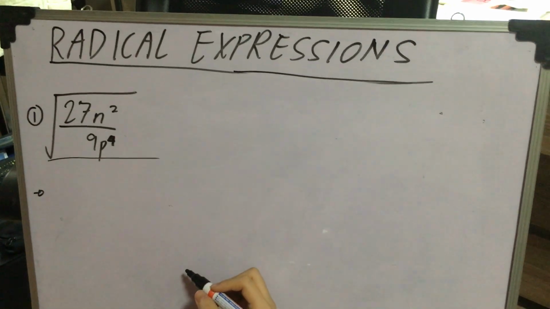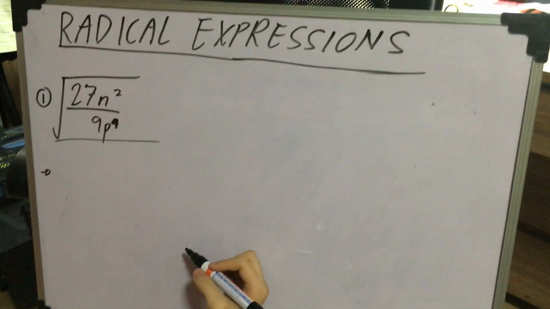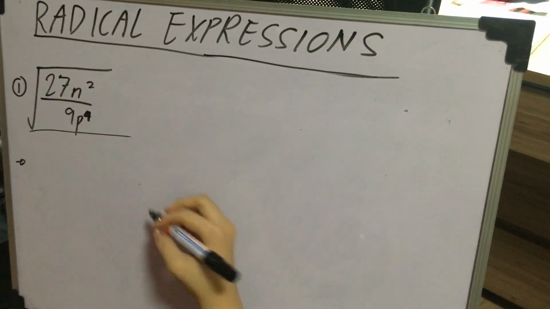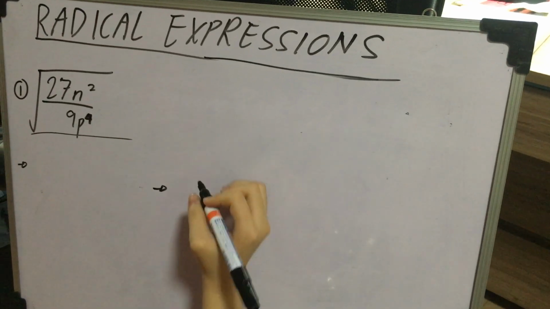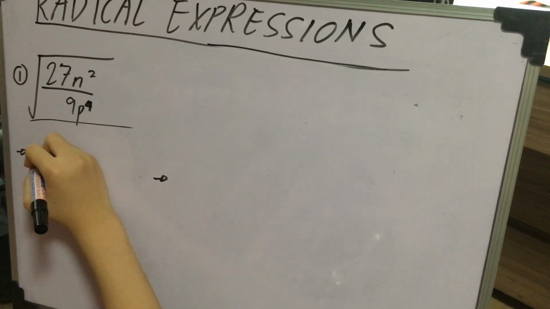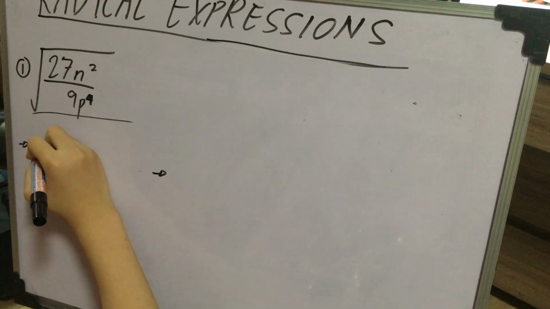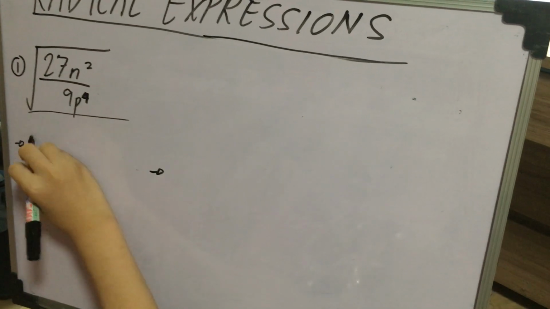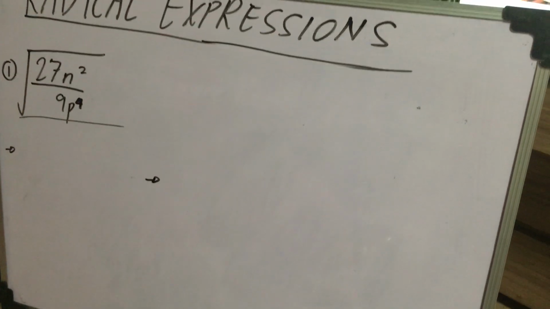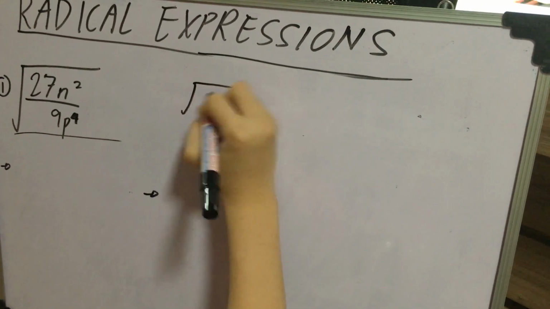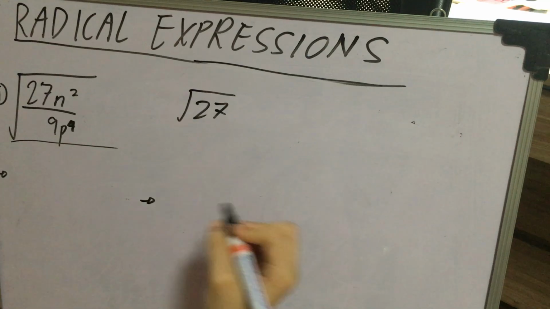So first, how do we solve this? Actually, there are many ways, to be honest. But first, we'll tackle the first way, the basic way, actually. But it depends on you. So 27, the square root of 27. It's not a perfect square.